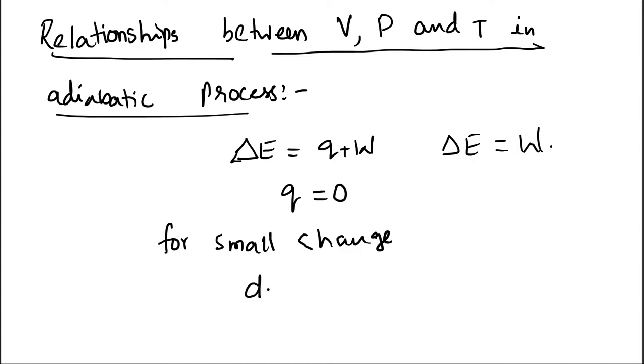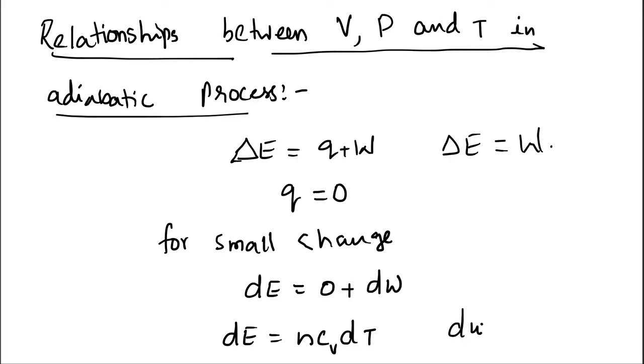Therefore, I can write dE equals 0 plus dW. And we know that dE is nCV dT, and dW is negative PdV. Both are the same, dE equals dW. That makes CV dT equal to negative PdV.